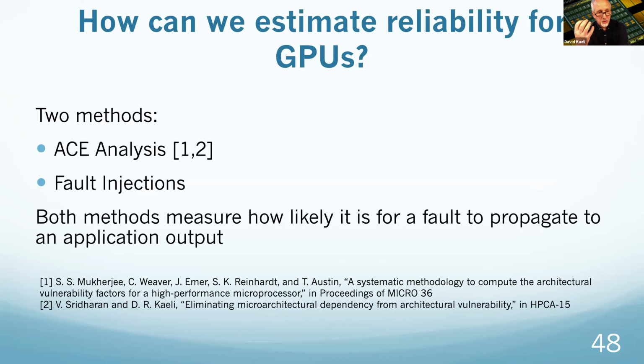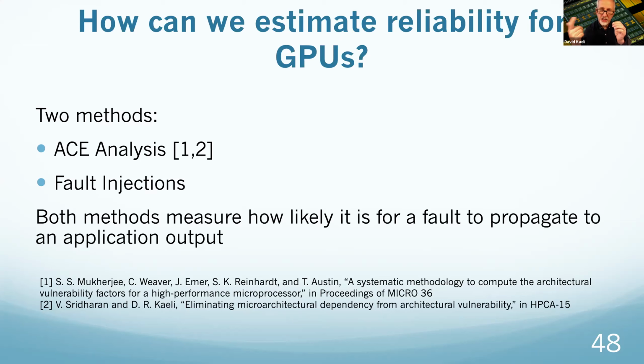Basically looked at ACE analysis on different devices. Think of a simulation of a device. Let's take a GPU, and what we say is if any bit in the simulation, in the physical device state, changed, how likely is it to actually propagate to a visible program output?